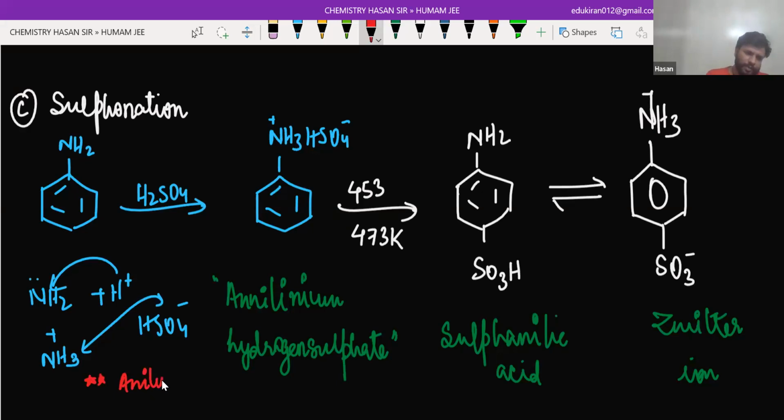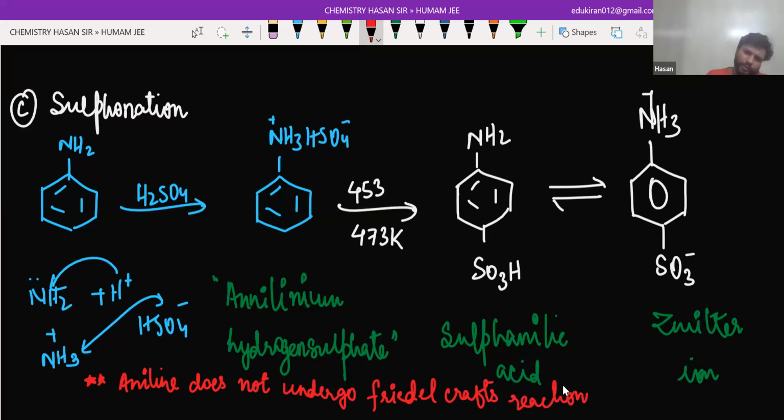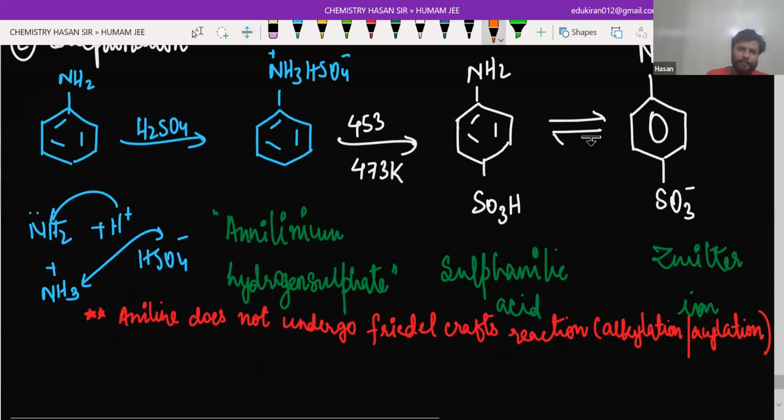And always remember that aniline does not undergo Friedel Crafts reaction, whether it is alkylation or whether it is acylation.